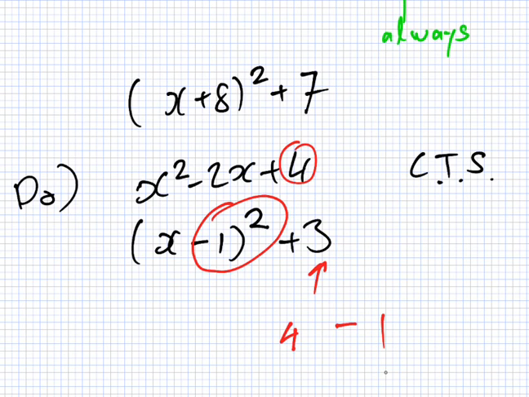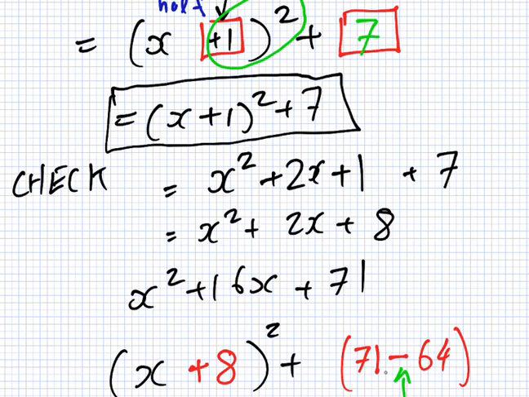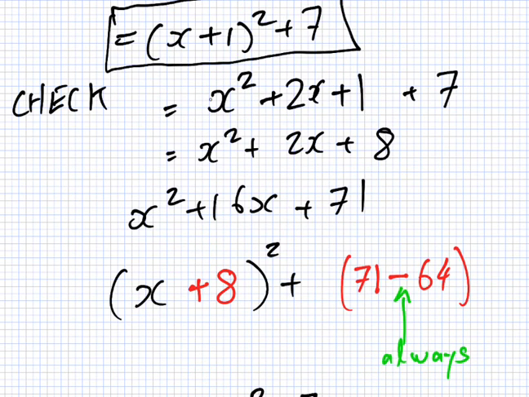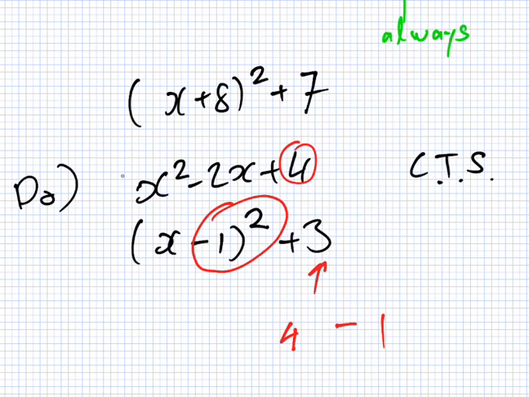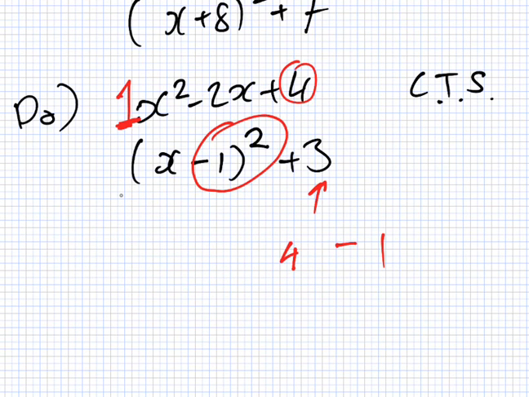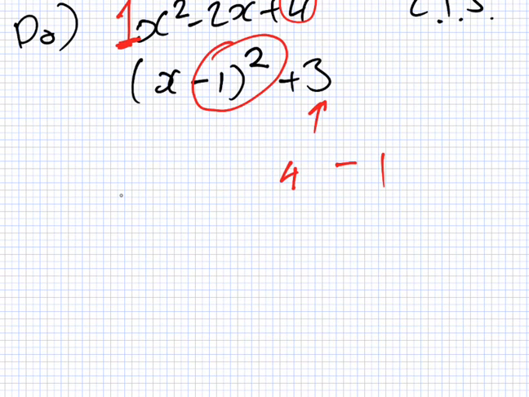Okay. This works fine when there's the number 1 in front. You see in both my examples I had a 1 here. It's a little bit more difficult if we don't have this. So let's have a look at an example.